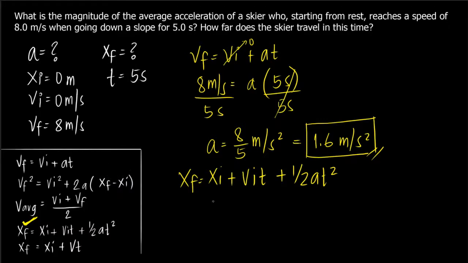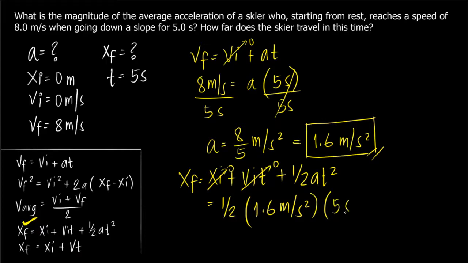Okay. Now, ang ating nga XI is 0, based sa atong given. Ang VI natin is also 0. So, whether may time man kita diri nga ibutang, substitute, 0 man ni Japon. So, with that, ang aton nga i-substitute na lang is A, which is 1.6 meters per second squared. Ang time naton nga 5 seconds, i-square ni siya.